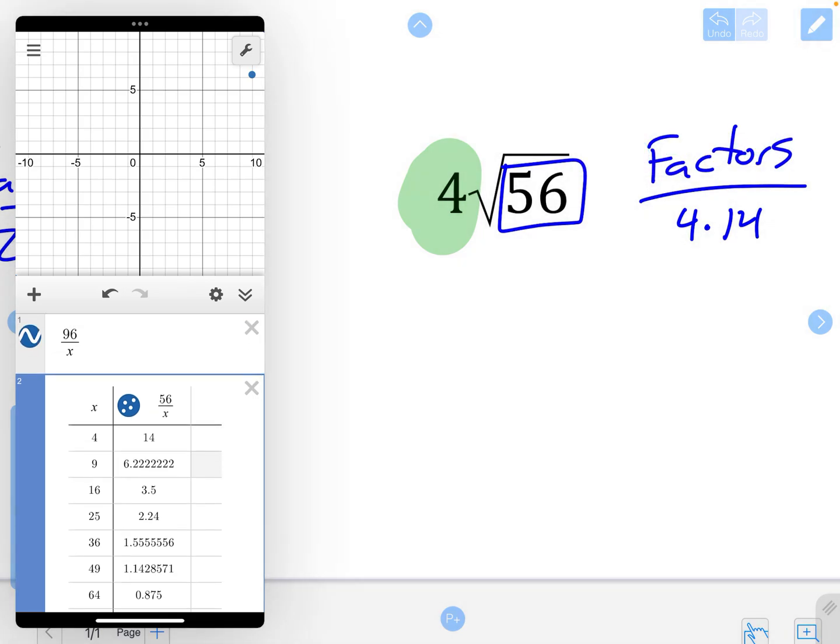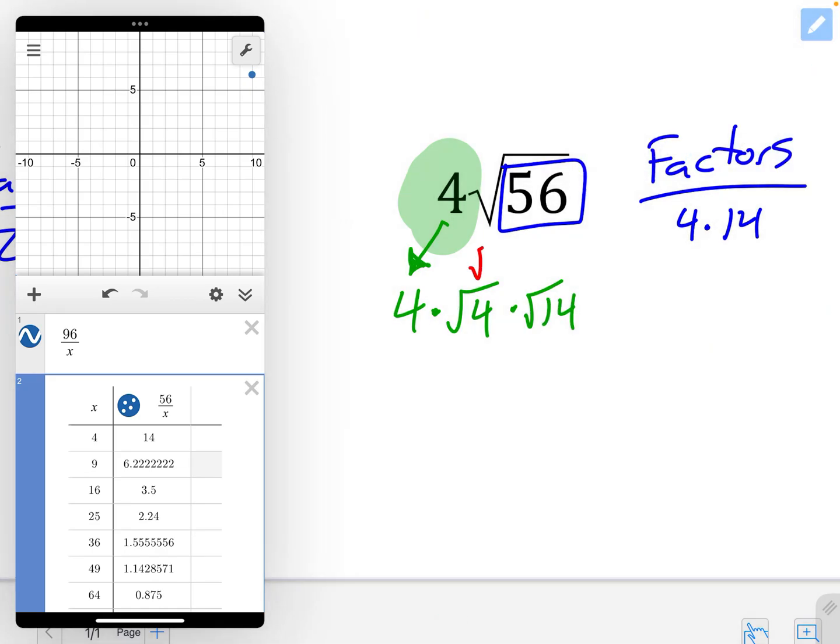This time, I need to bring my 4 coefficient down. And anytime I'm writing square roots, we have many multiplication signs between them. So 4 times the square root of 4 times the square root of 14.